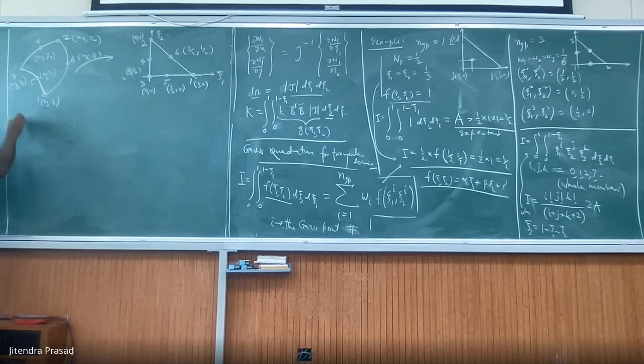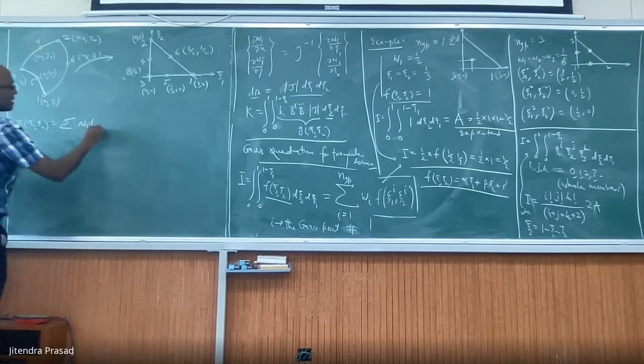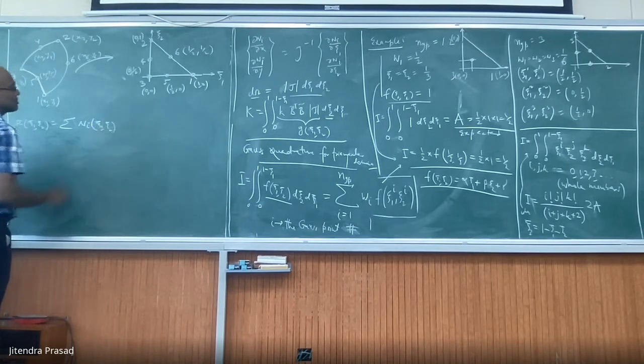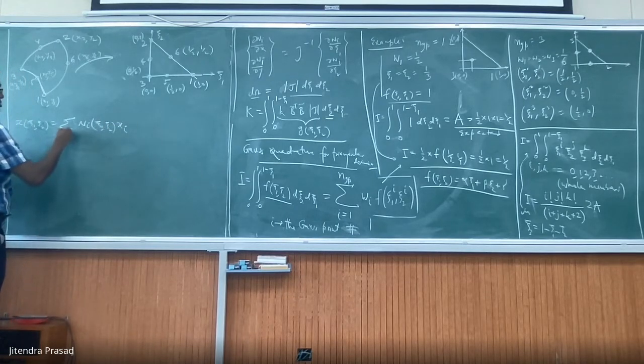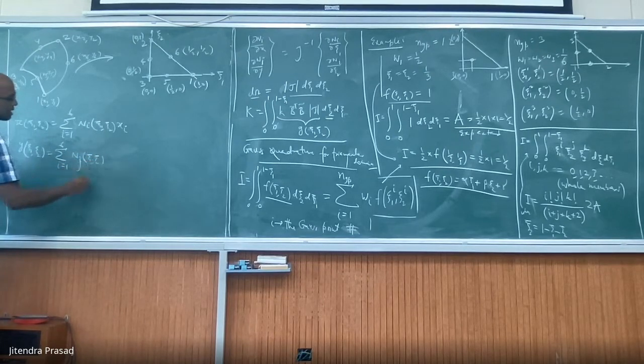There you can write in a similar way that x of xi1, xi2 is equal to the summation of Ni of xi1, xi2 times xi, right? So i equal to 1 to 6 now. Similarly, y of xi1, xi2 is equal to the summation for i equal to 1 to 6 of Ni, or it doesn't matter, you can use i, also z of xi1, xi2.